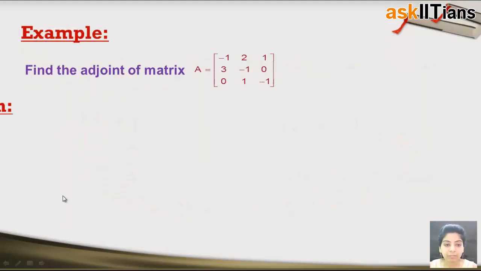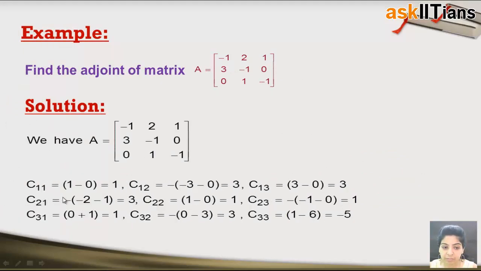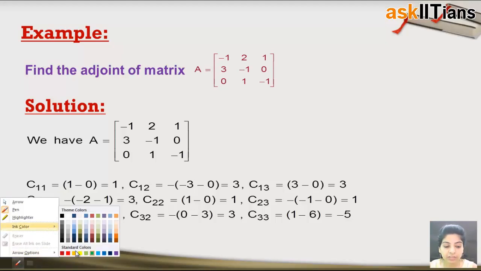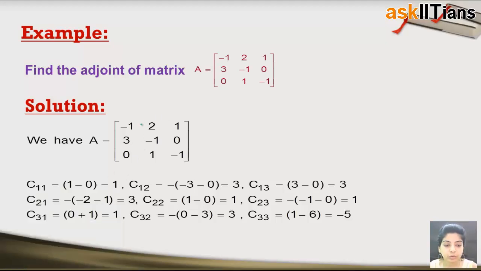We have another example, and here we have a 3 cross 3 matrix. So in this case you'll have to go the long way, as we have already discussed for 2 cross 2. Now we have a 3 cross 3 matrix, right? So find the adjoint of the matrix A. This is a 3 cross 3 matrix. So what do I do?